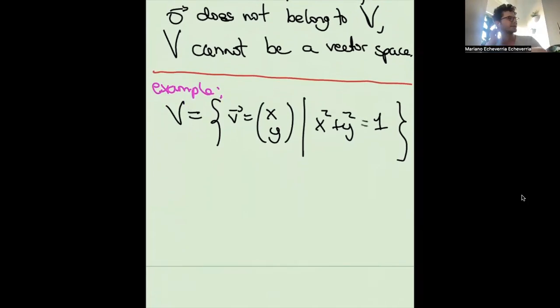Does anyone recognize what that is? That's the equation of the unit circle, right? On the xy plane.